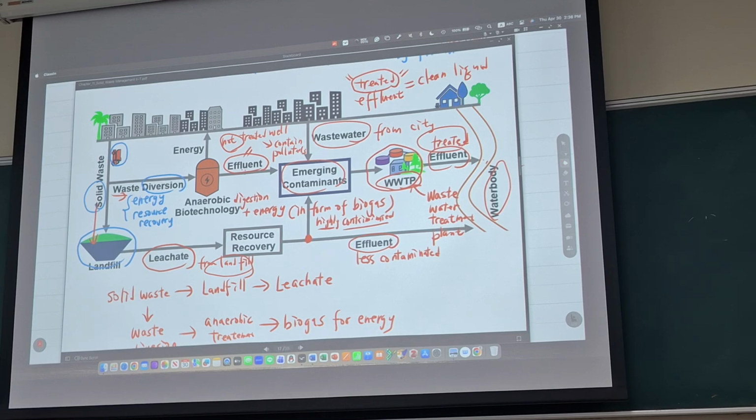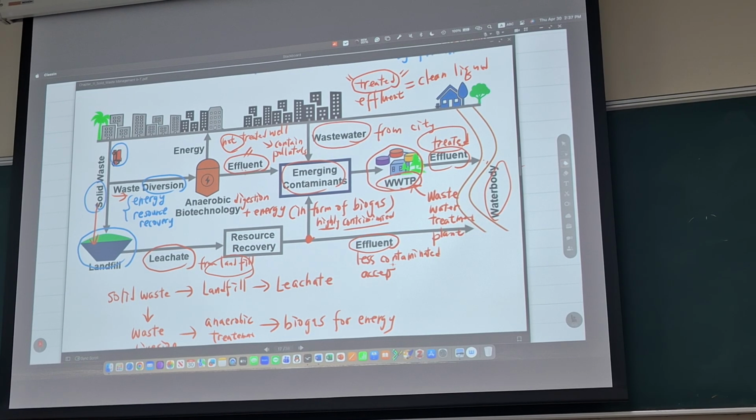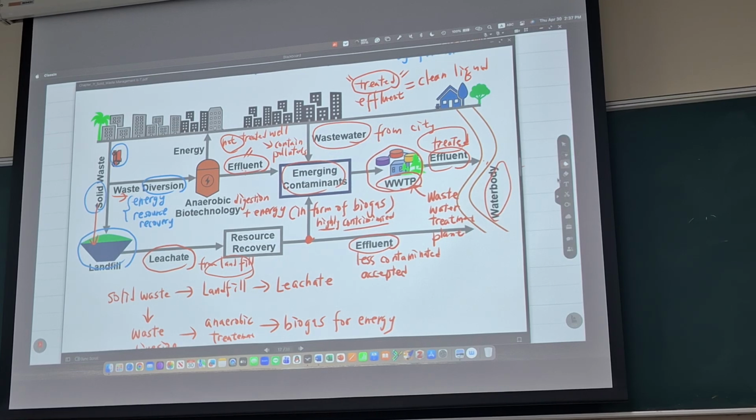So if it is still very dirty, highly contaminated, you should go to here for water treatment. If it is not that dirty, but acceptable, less contaminated, you can just discharge it into the water body.